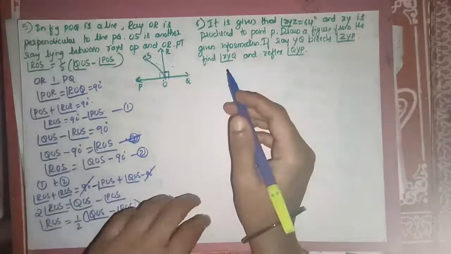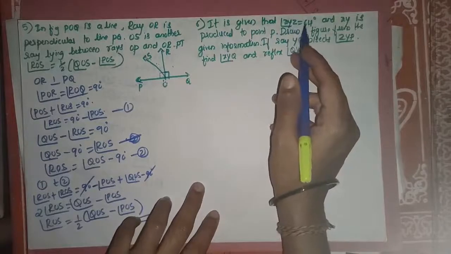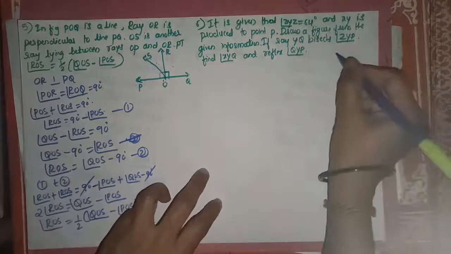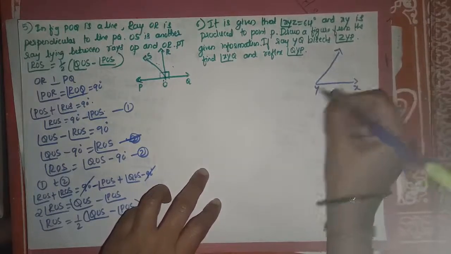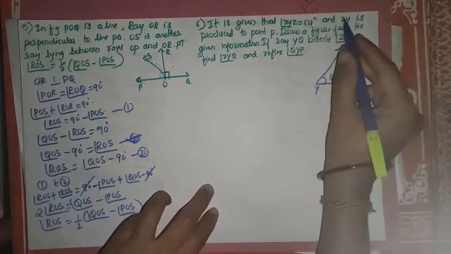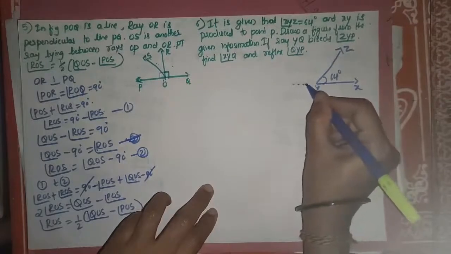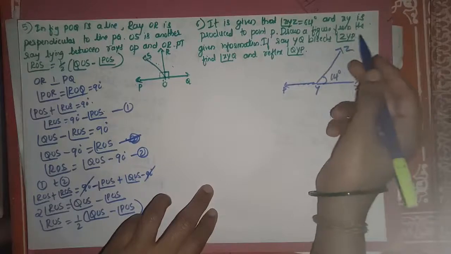So here sixth question: it is given that XYZ is 64 degree, I will draw XYZ here. This is 64 degree, and XY is produced to point P. Now draw a figure from the given information.